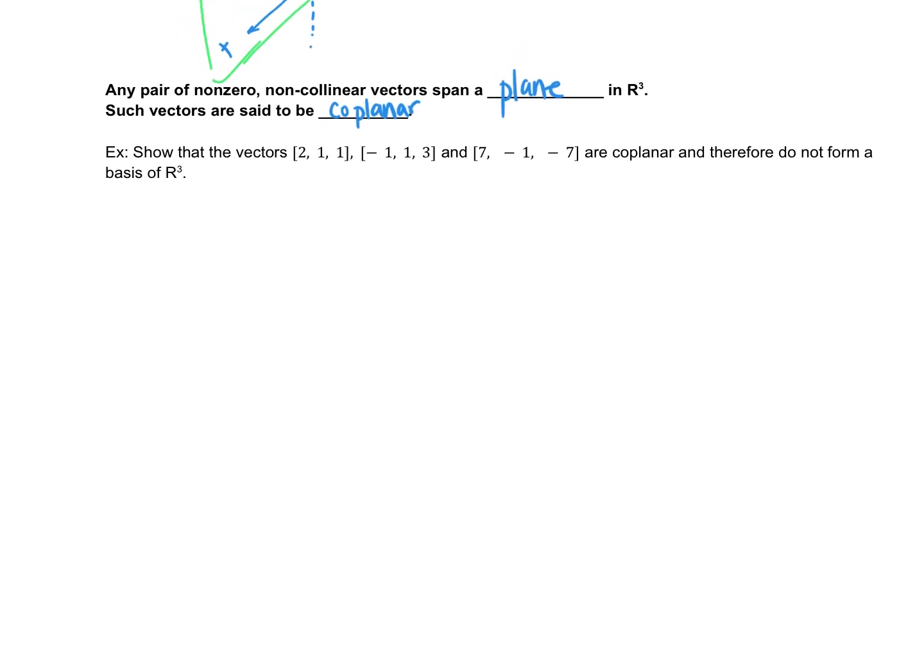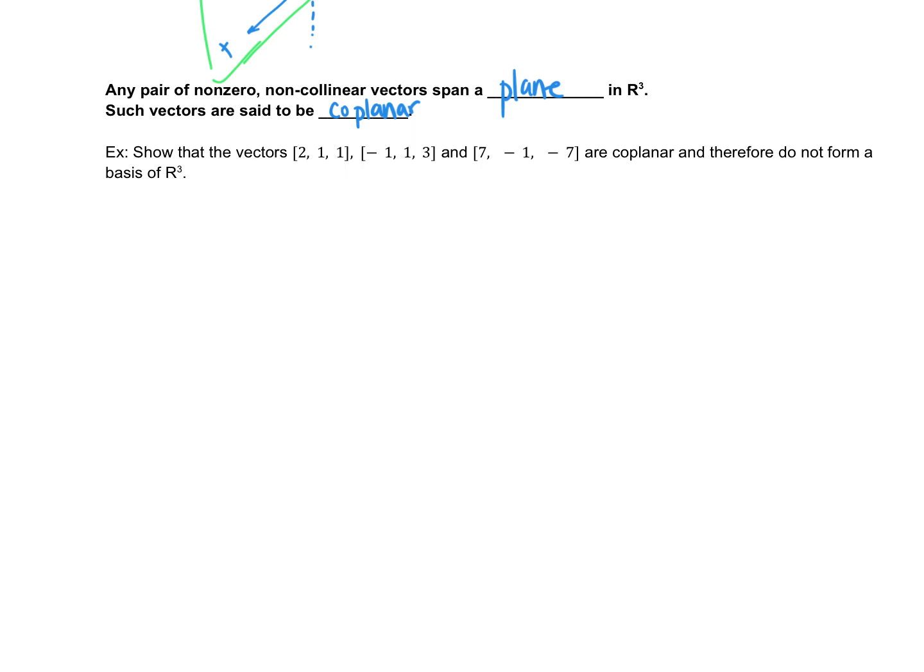So let's show that the vectors (2, 1, 1), (-1, 1, 3), and (7, -1, -7) are coplanar and therefore do not form a spanning set. Now, in order for us to do this, if we can show that one vector can be written as the linear combination of the other two, then these three vectors must be coplanar. They must exist in the same plane.